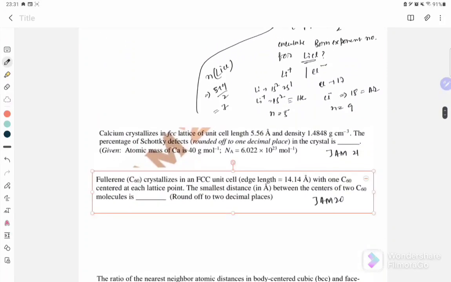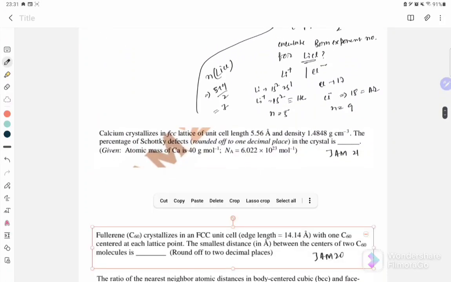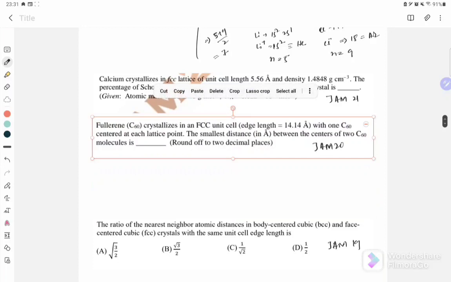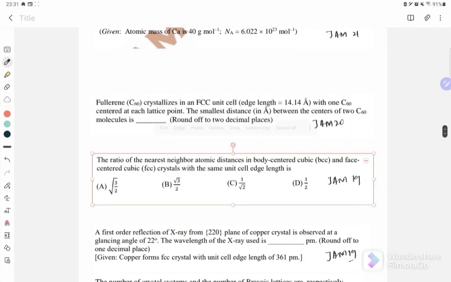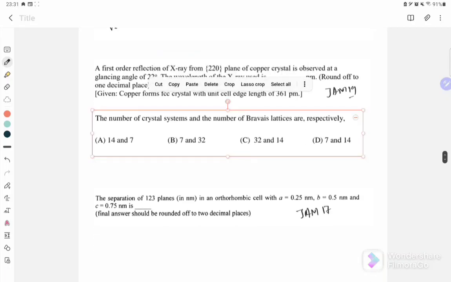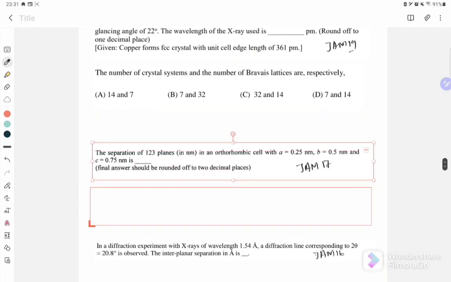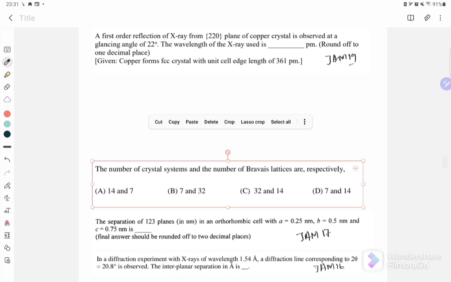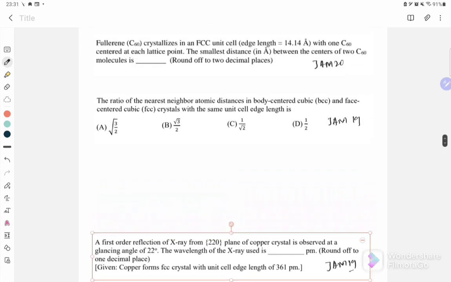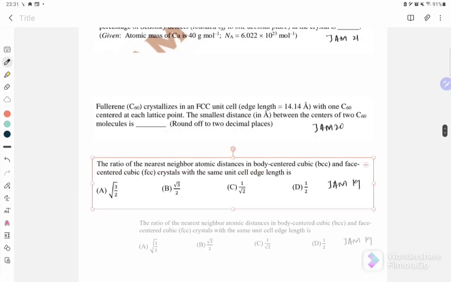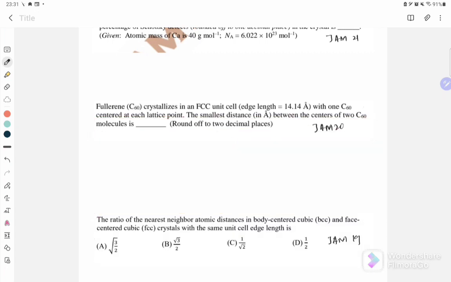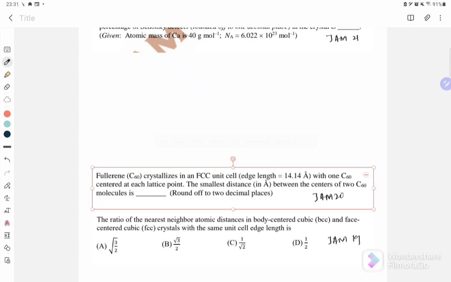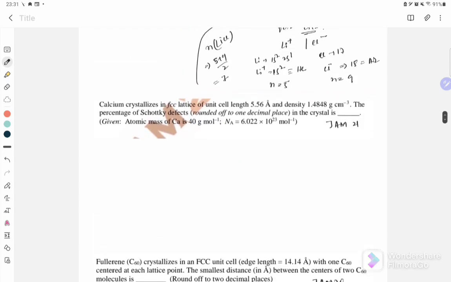Okay, our next question also came in JAM 21.